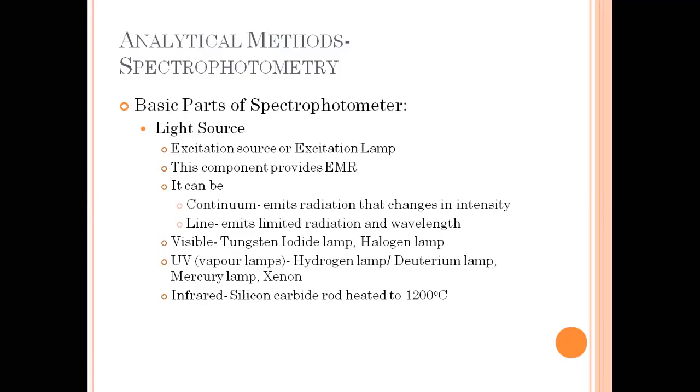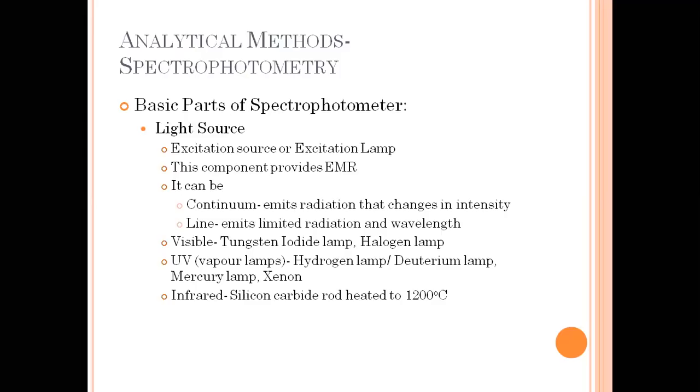Whereas for the line light source, it emits only limited radiation in wavelength. Okay? So light source also is considered as the most important part of our spectrophotometer. So kung may pagkakaingatan ka with all of those, ang pinakauna mong iingatan is the light source.